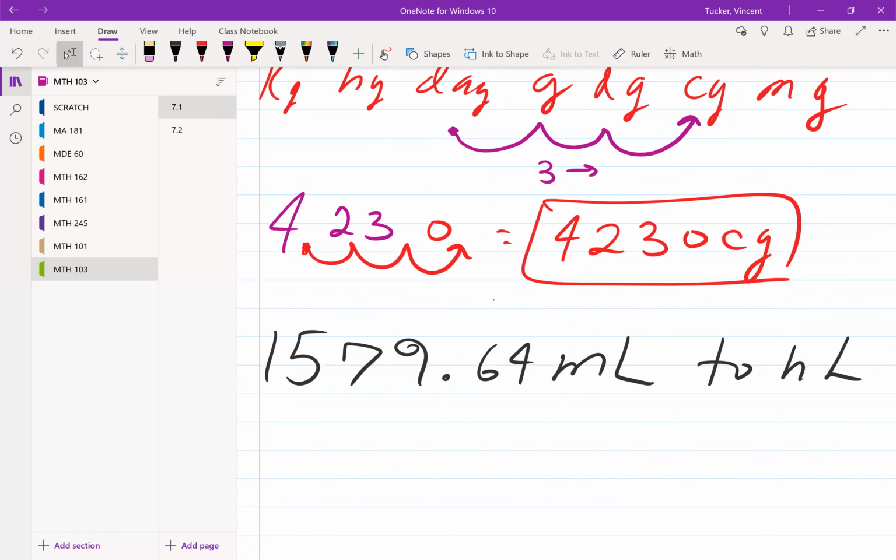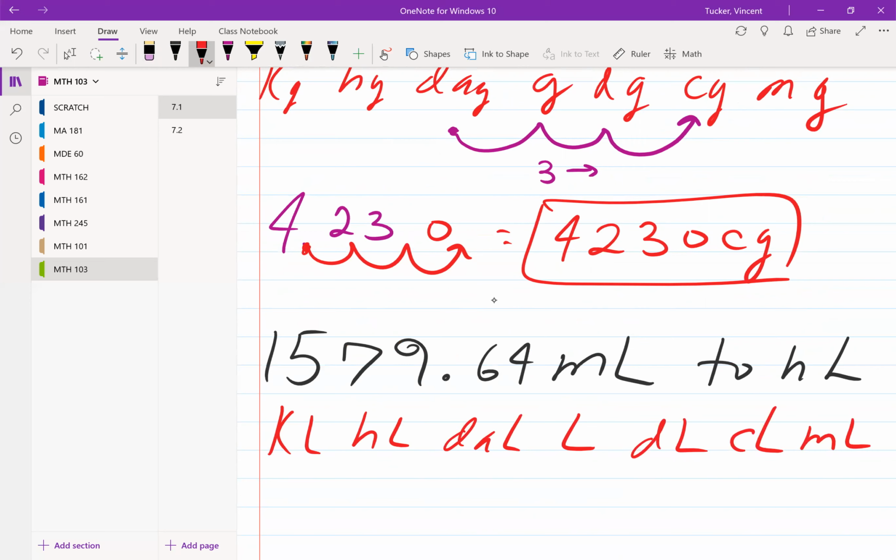All right. So, writing in order once again, we've got kiloliters, hectoliters, deciliters, liters, deciliters, write that better, centiliters, milliliters, and once again, just emphasizing that your base is right here in the middle, which is liters in this case.